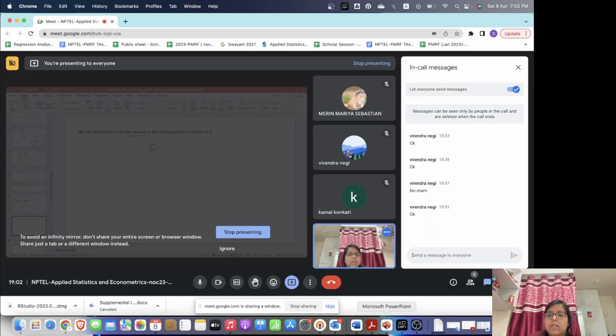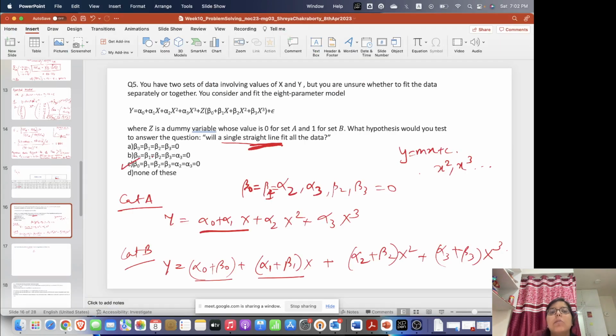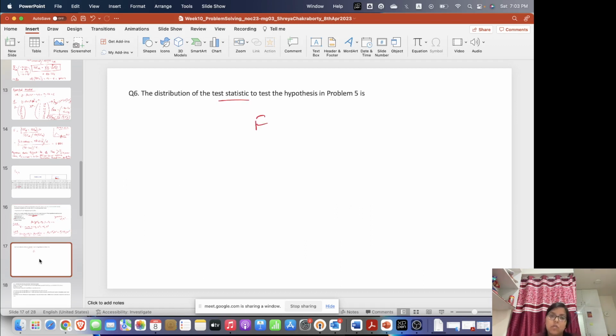Alright. So time and again we have spoken about this. If we have multiple joint hypotheses, we should go for an F test. So the test statistic follows an F distribution. Now, what are the DF1 and DF2? Again, we'll consider the unrestricted versus restricted framework.